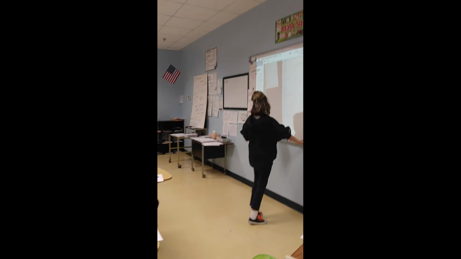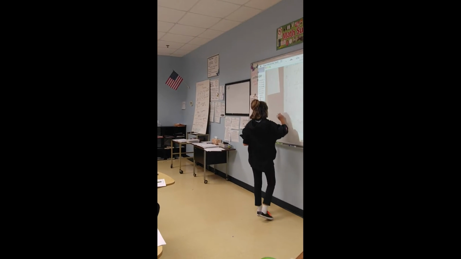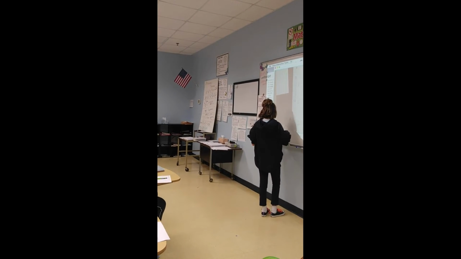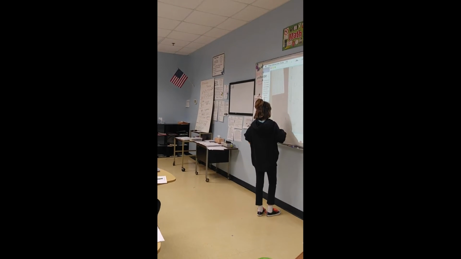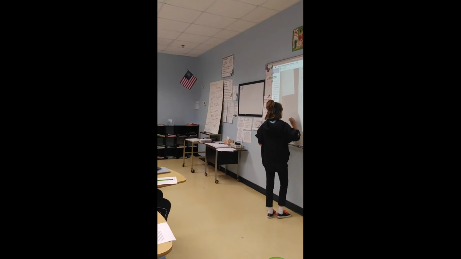So Victoria's going to do it, and when I was walking around the room, I noticed a lot of you making a common mistake here. You have to know your perfect squares.